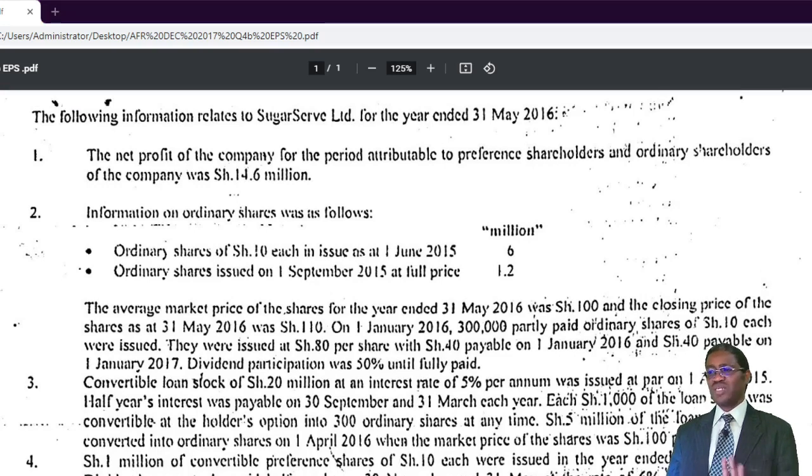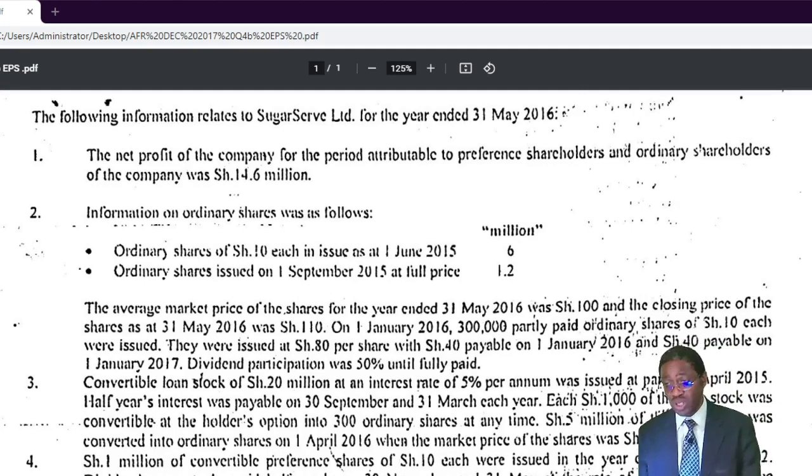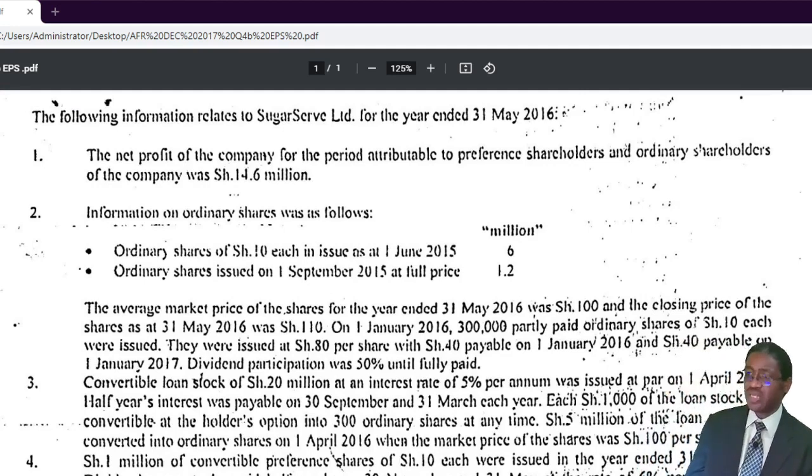From note number 1, there is nothing potential. Number 2, we began with 6 million ordinary shares. That's not potential. We issued another 1.2 million shares. That's not potential either.